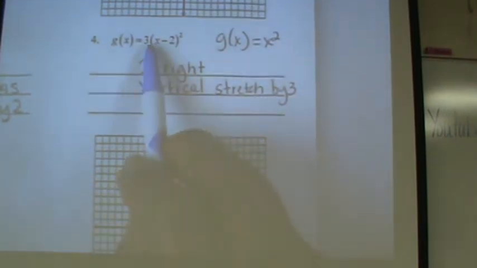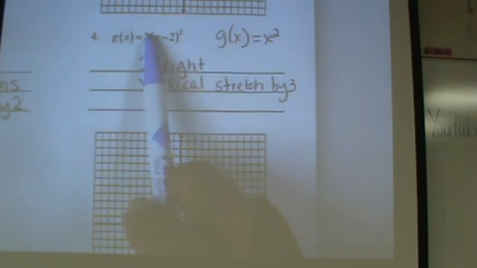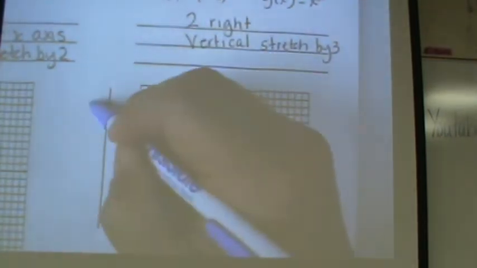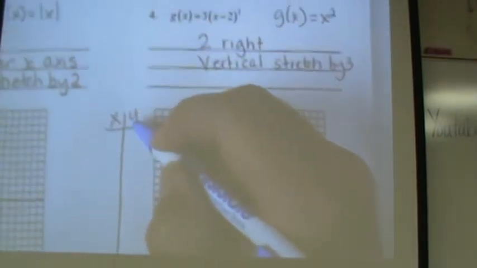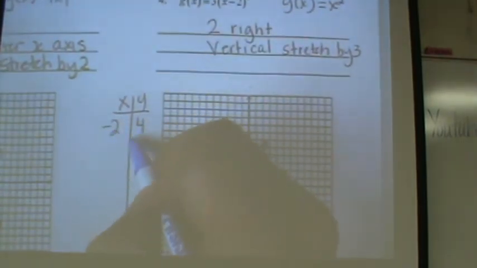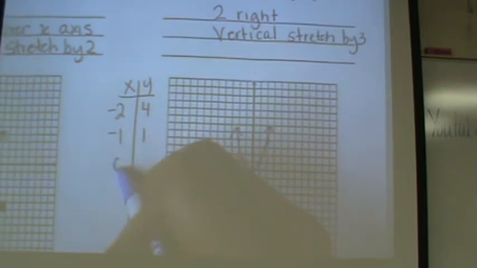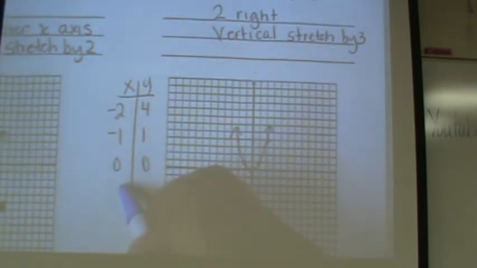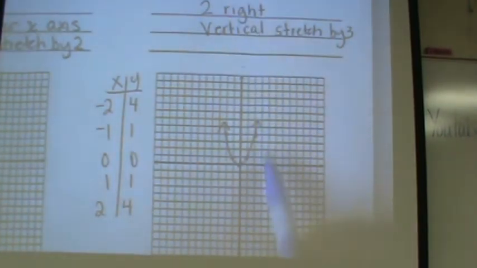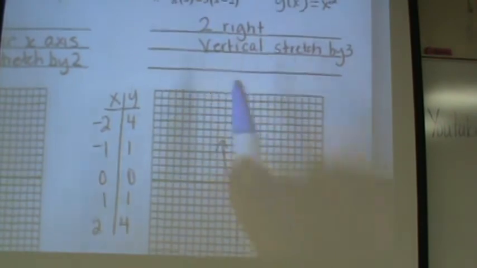Now what that does is this number is going to multiply your y values by 3. What are we talking about as far as the values? Are these numbers right here in your table. So if you use -2, 4, -1, 1, 0, 0, 0, 1, 1, and 2, 4. This number right here, you're going to shift your graph 2 units right.